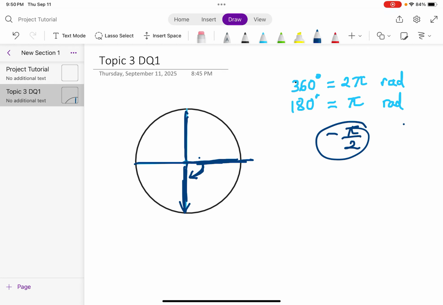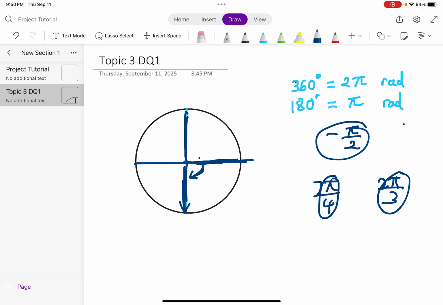Now, in the problem that we have, we actually need to graph either 7 pi over 4 or 2 pi over 3. In this scenario, you're going to do the same, but you have to know the basic unit fractions, which in this case, I need to know where is pi fourth, where is pi third.